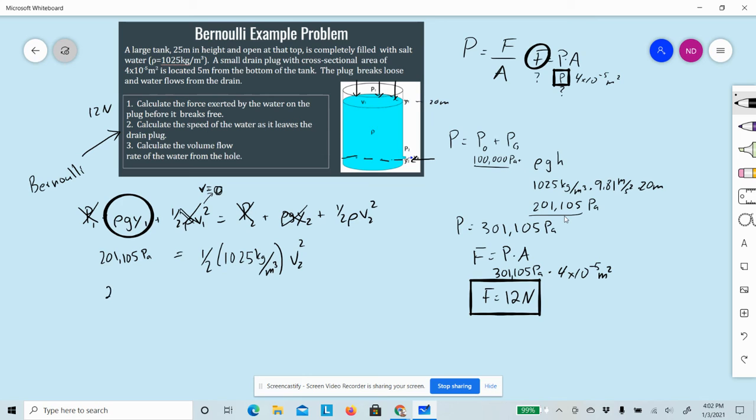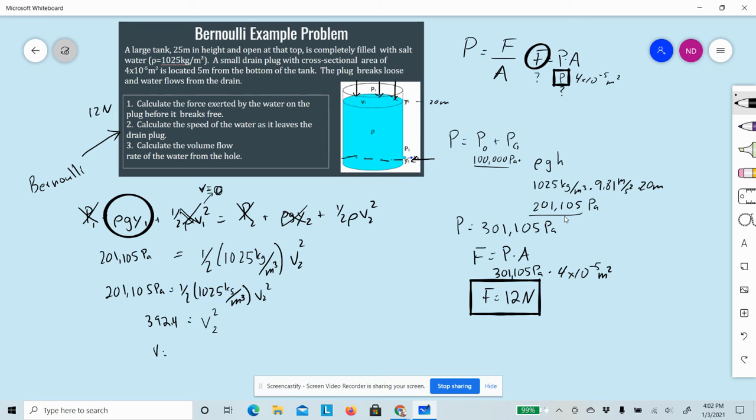So now you've got 201,105 pascals equals 1/2 1025 kilograms per meter cubed times v2 squared. 201,105 times 2 divided by 1025, 392.4 equals v2 squared.